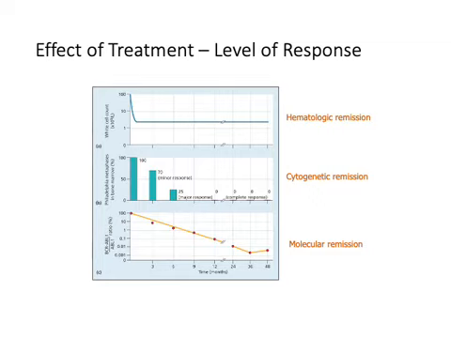Treatment response can be defined as optimal or failure, with an intermediate area termed warning. Patients with optimal responses continue their original treatment, whereas those with treatment failure are treated with second-generation TKI therapy or stem cell transplantation.